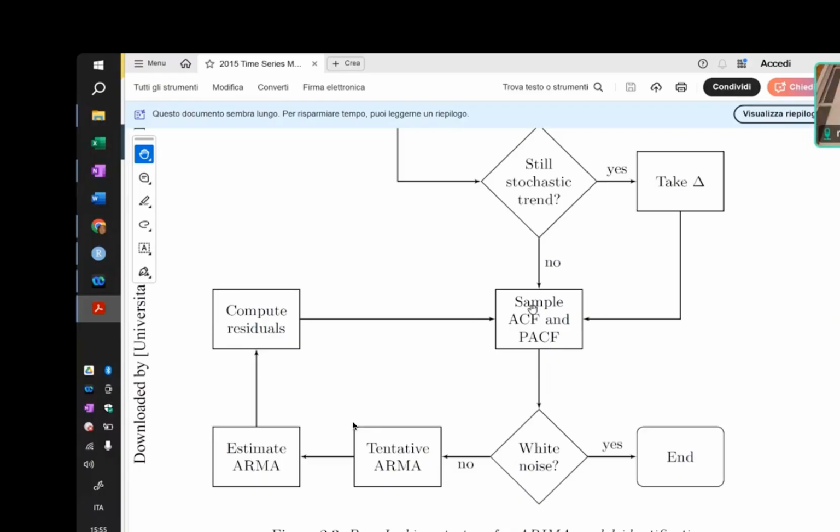So you look at the ACF and PACF functions, and then you ask yourself, is it white noise? Because maybe it's already white noise. In that case, end of the game. Now you can use your model for prediction. Even if it's white noise, all the other transformations have something to tell as far as prediction.